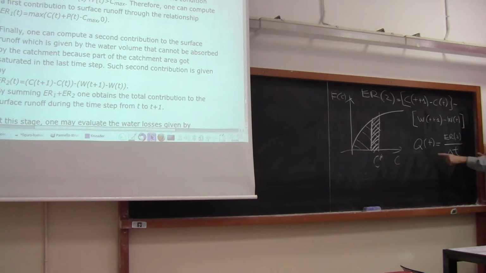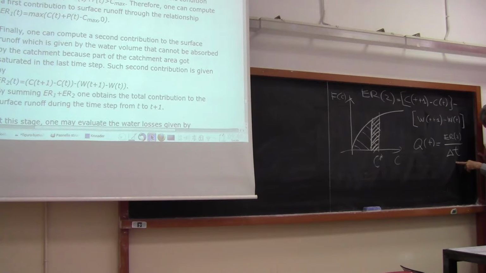If I want to compute the river discharge, what we call in Italian la portata, you should divide by time, because you may remember that the discharge is volume per unit time. So this is a contribution to volume at time t.